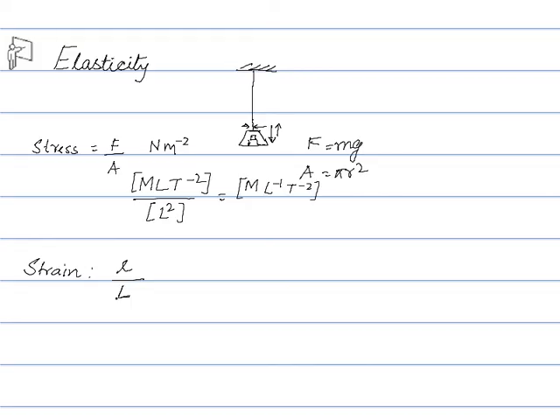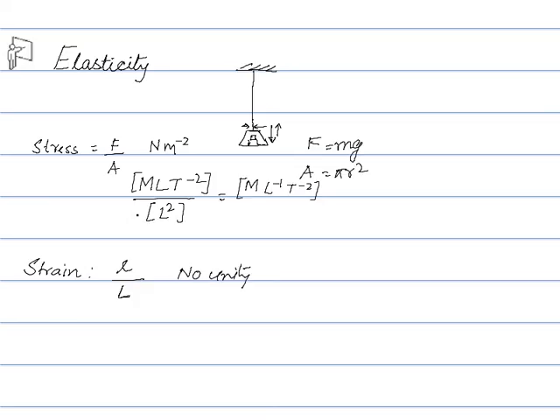Then change in length to the original length is called the strain. Now strain being defined as the ratio of the same two dimensions, therefore it has no unit or dimension.